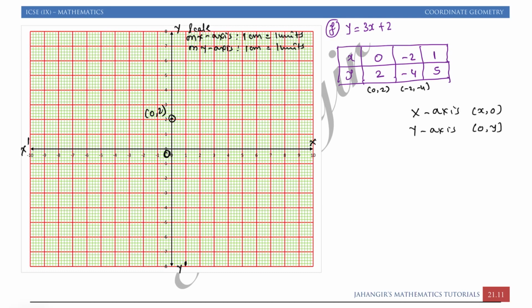So x is minus 2 and y is minus 4, it will be here. Minus 2 comma minus 4. And 1 comma 5. So 1 comma 5, it's over here. 1 comma 5. So now we will join the 3 points.